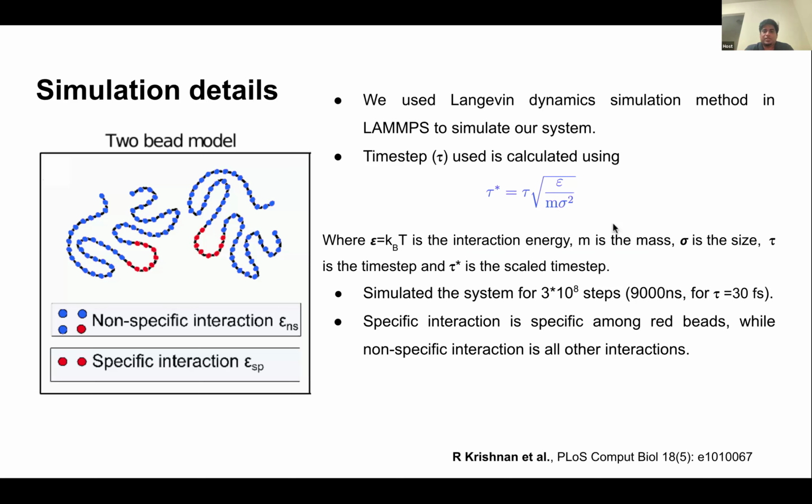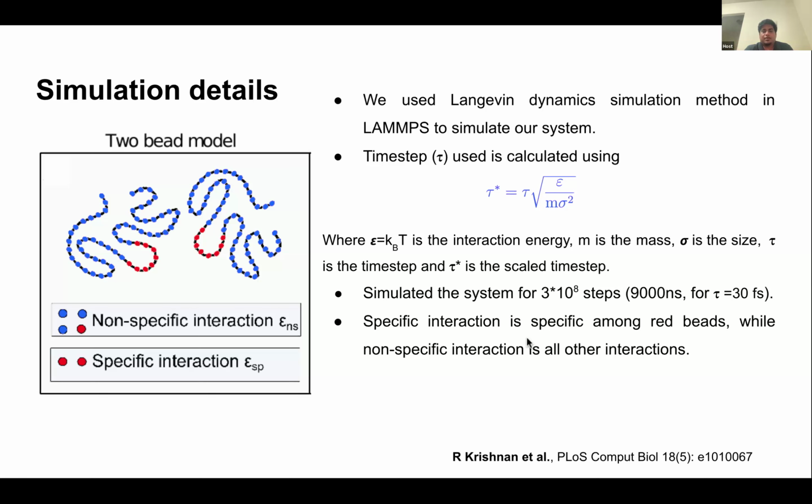The time step we use here is 30 femtoseconds, whereas general molecular dynamics simulation is done in 2 femtoseconds, because we coarse-grain these beads. So the beads can move very easily, as there is very little steric hindrance between the side chains of amino acids. So it is a coarse grain, and the movement is allowed to a larger extent. With a time step of 30 femtoseconds, we could run for 9,000 nanoseconds, or 9 microseconds.